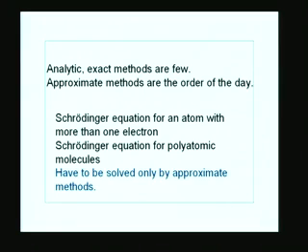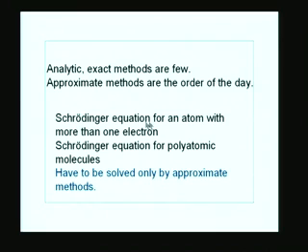Those are the only ways by which we know how to study the system. The example of the Schrodinger equation for an atom with more than one electron, it is not possible to solve by analytic means. One has to solve this by approximate methods. Perhaps the approximation is very, very good, but it is not analytic. Schrodinger equation for polyatomic molecules, there is no chance that one can study them by analytic methods.